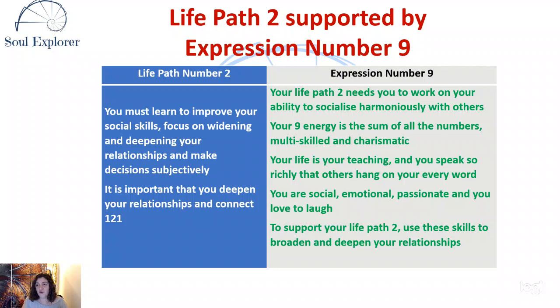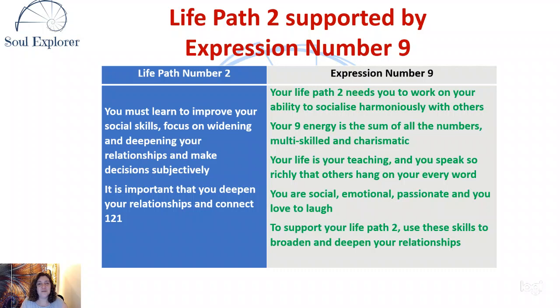I mean, that's just one of many ways of connecting with others on a deeper level, is communicating your wisdom to them and developing a sense of trust, so that you can deepen your relationships and be more of a healing service towards that person or people that you're speaking to. You're social, you're emotional, you're very passionate.